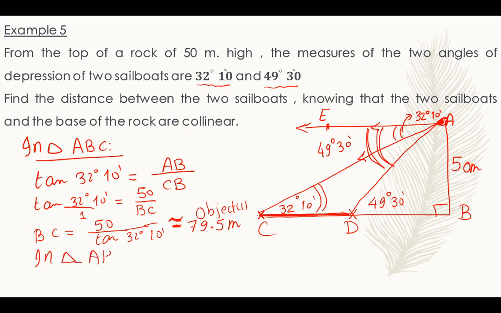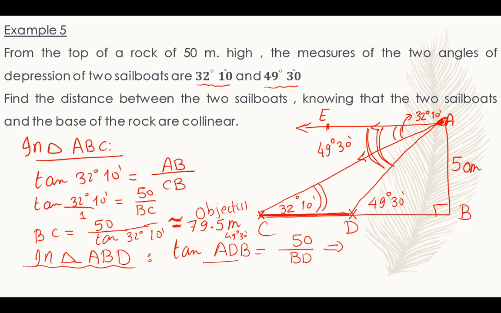Now in triangle ABD, we have tan of angle ADB equals opposite 50 over adjacent, which is BD. Here we know that the angle is 49 degrees 30 minutes.